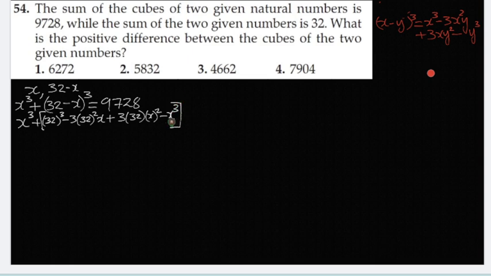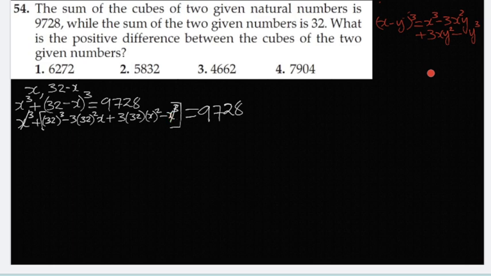So this is what we get on expanding. Now we can easily cancel the first x cube and the last minus x cube.